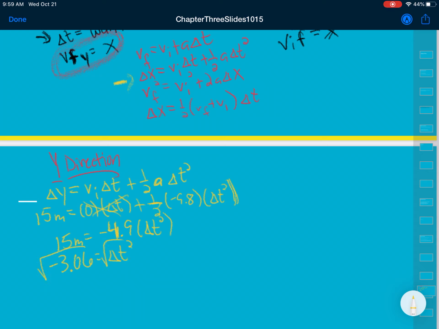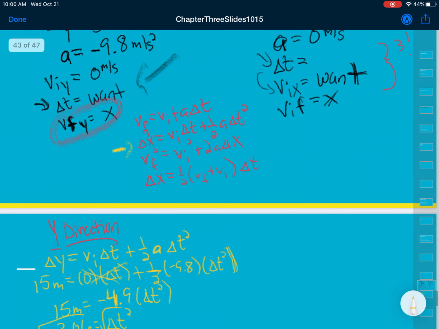Square root both sides, and I should get a delta T of about 1.75 seconds. All right, I can take that delta T and plug it in right here.